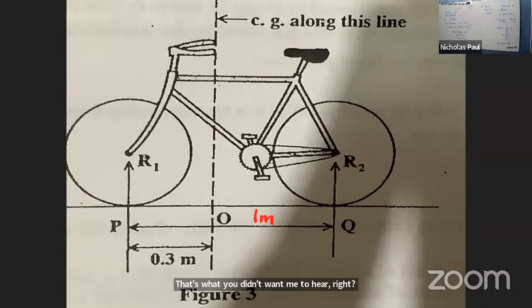So we have R1, R2. What's the force missing there again? We have R1, we have R2, that is contact force. A force missing there. Weight, nice. So the weight will act along the center of gravity here, right?